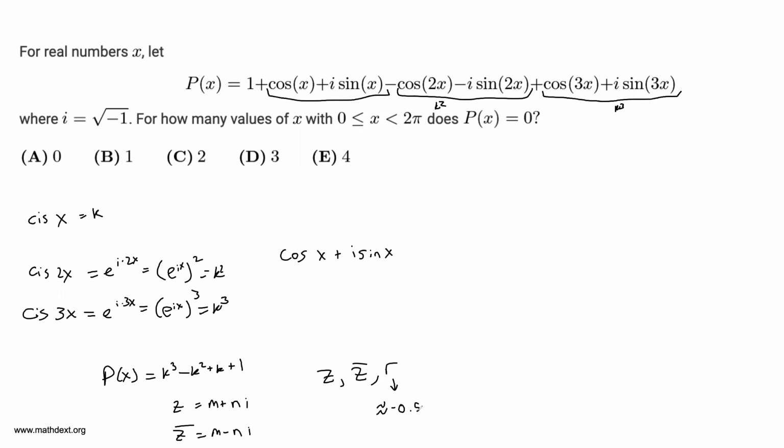Now the next thing we notice is that, hey, these three multiply up to -1. Z times z conjugate times r is going to be equal to -1 by Vieta's formulas, which states that the product of the roots is -1 divided by 1. So z times the conjugate of z times r is equal to -1.